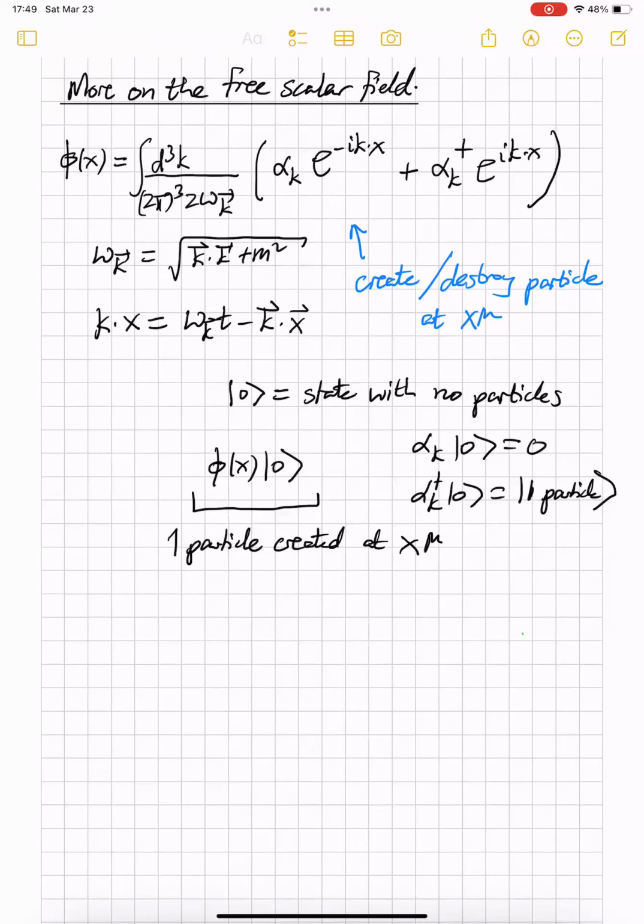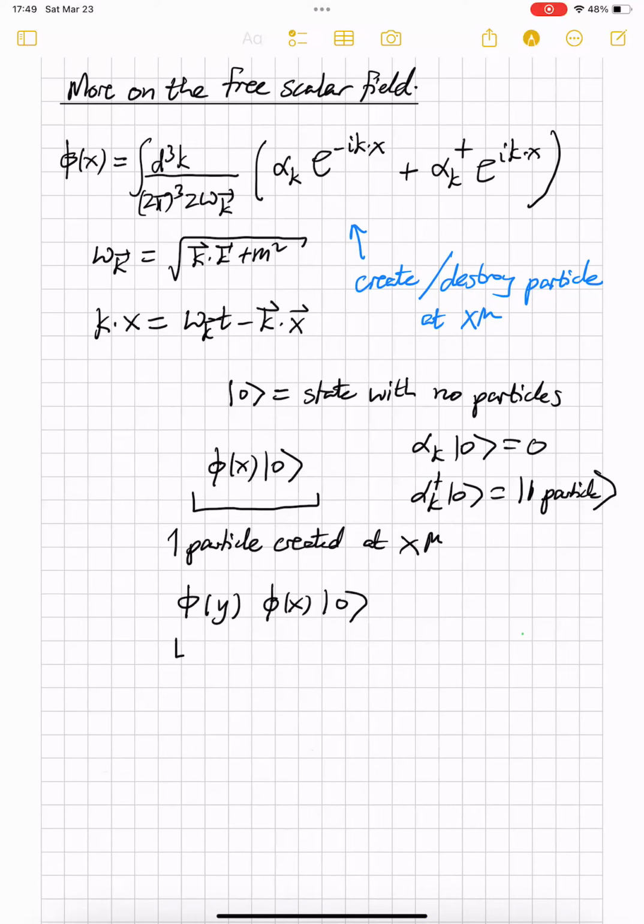Okay, now we could study what happens if we take the field φ(y) and we apply it to the state. So again, there are two things that can happen.